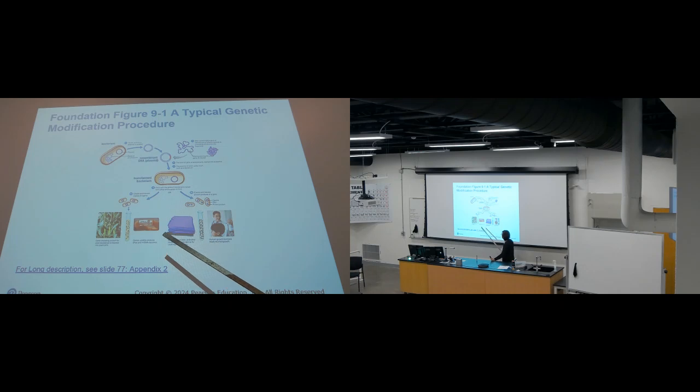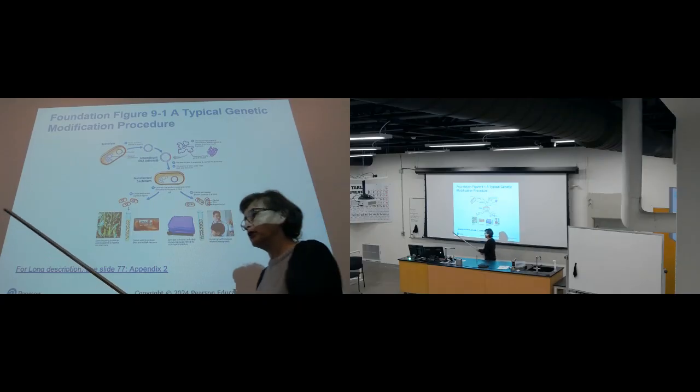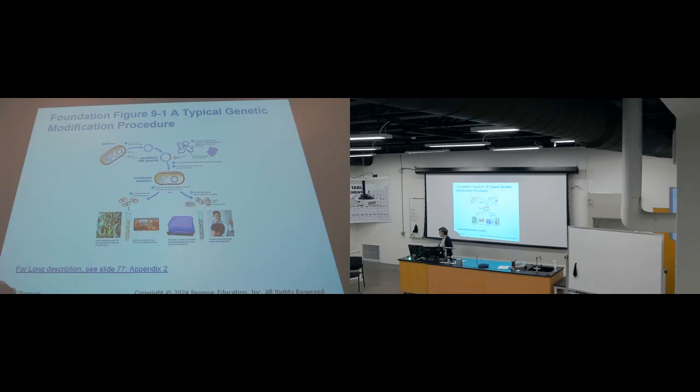And then we have different examples. You can even make vaccines out of these. You can make enzymes that can soften fabric, and you can use it for therapeutic drugs like insulin, human growth factor, and human growth hormone.